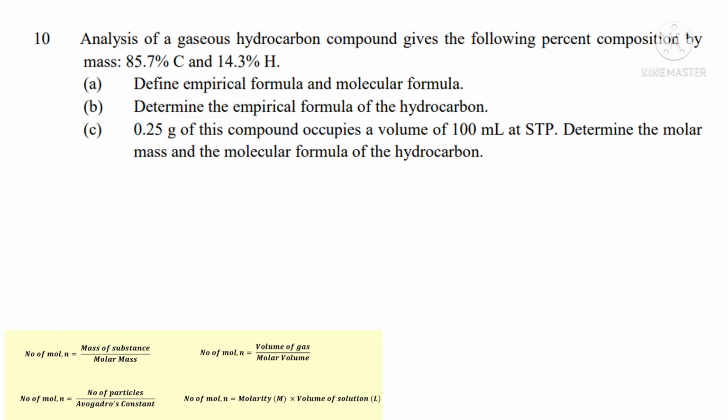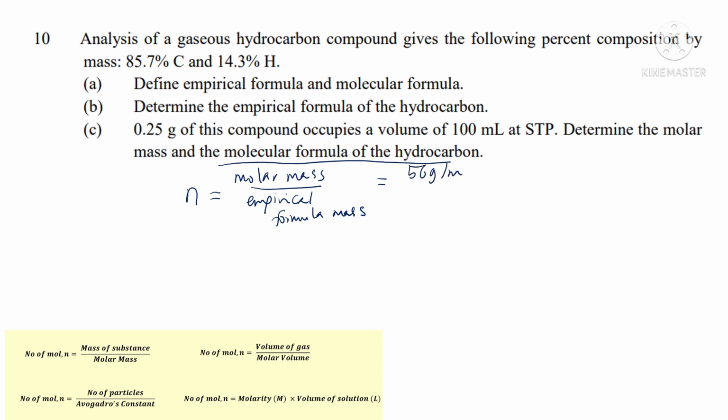Now we move on to the second part of the question, determine the molecular formula of the hydrocarbon. To determine the molecular formula, we need to calculate the whole number multiple n. The whole number multiple n is equal to the molar mass of the substance divided by the empirical formula mass. Previously, we found that the molar mass of this hydrocarbon is 56 gram per mole.